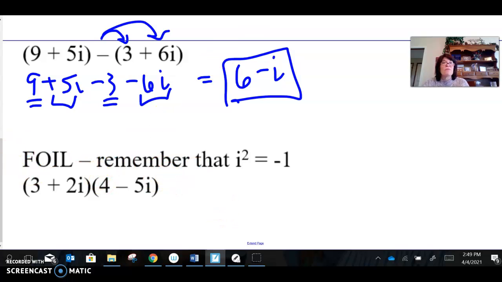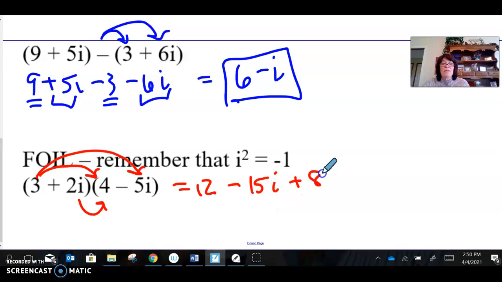We're going to FOIL like we always have. 3 times 4 is 12. 3 times negative 5i is negative 15i. Let's move to the 2i times 4, which is positive 8i. And this is minus 10i squared. Remember, i squared is negative 1.